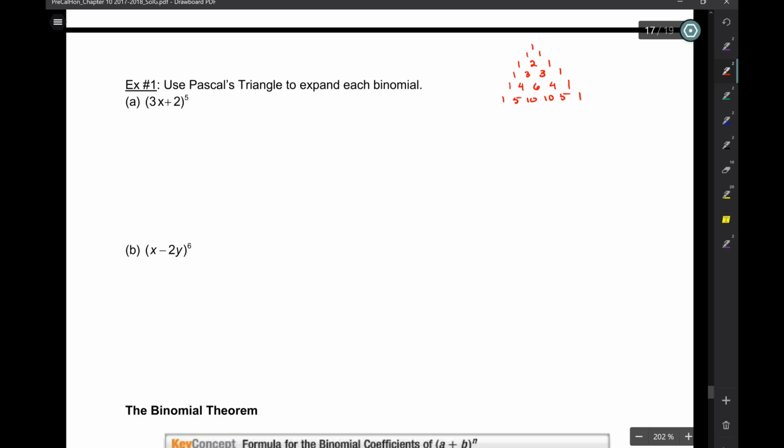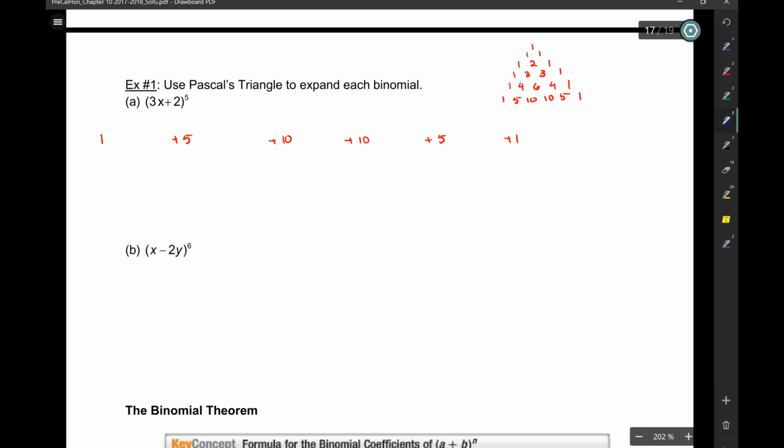Okay, so here's what we're going to do. For this one, I'm going to have those coefficients, 1, 5, 10, 10, 5, 1. I'm going to go in increments here, like little modules, the first time. And then afterwards, we're just going to do it all together.